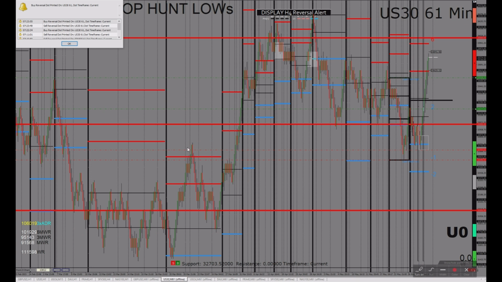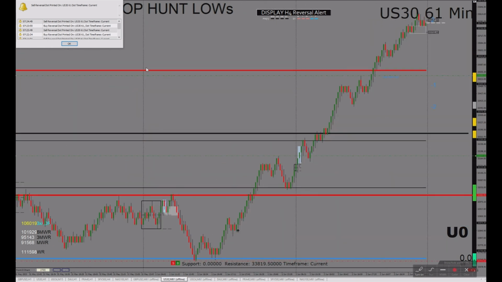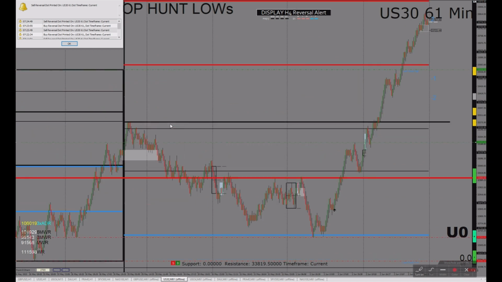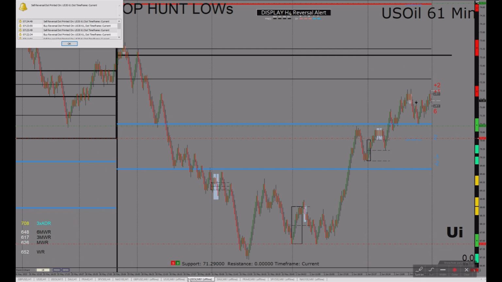Let me zoom out. And that's the thing about indices; they move in a weird way, but it's kind of good because when it's time to trend, it's time to trend.